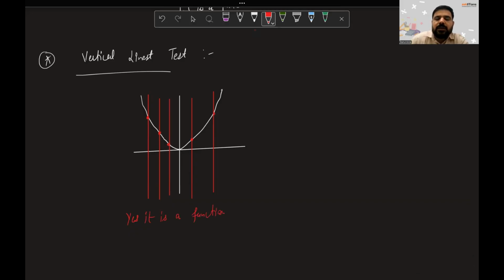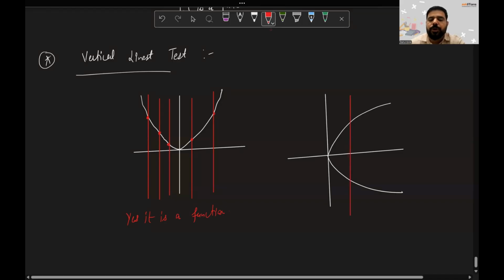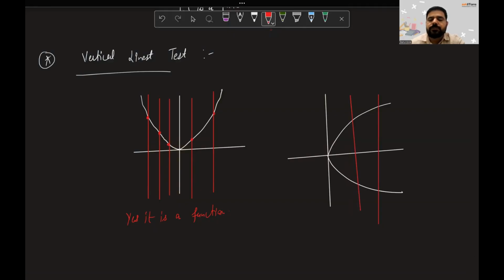Let's try another graph. I'm drawing a graph where a vertical line will definitely intersect at more than one point, right? You can see these lines intersect at more than one point.